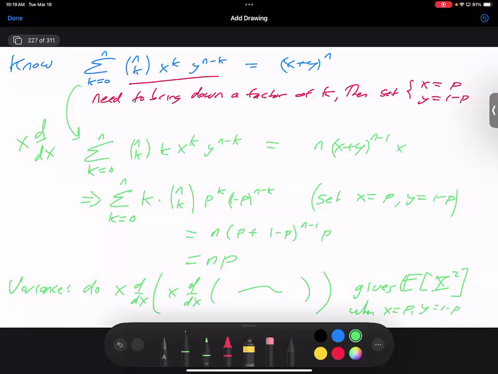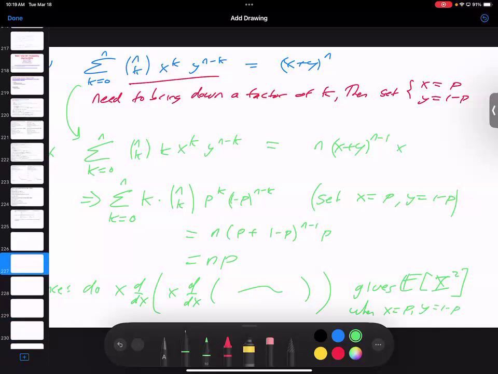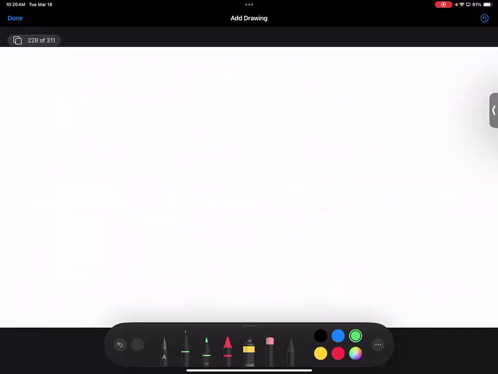If I do the x d by dx again, I'm going to get another k coming down. So let's just do this for completeness. So we have the sum, k goes from 0 to n, of k, n choose k, x to the k, y to the n minus k, equals n, x plus y to the n minus 1, times x.